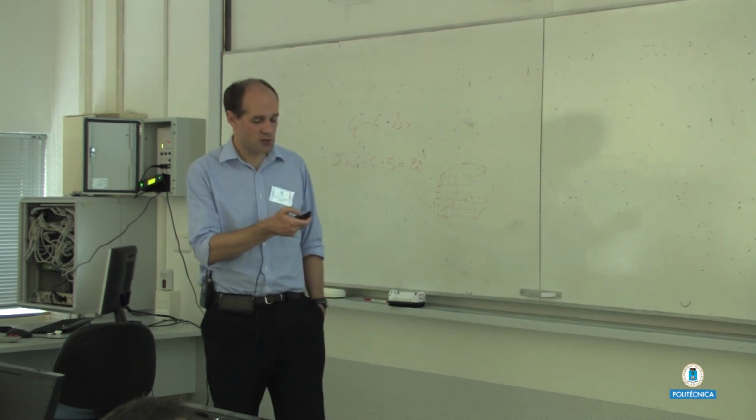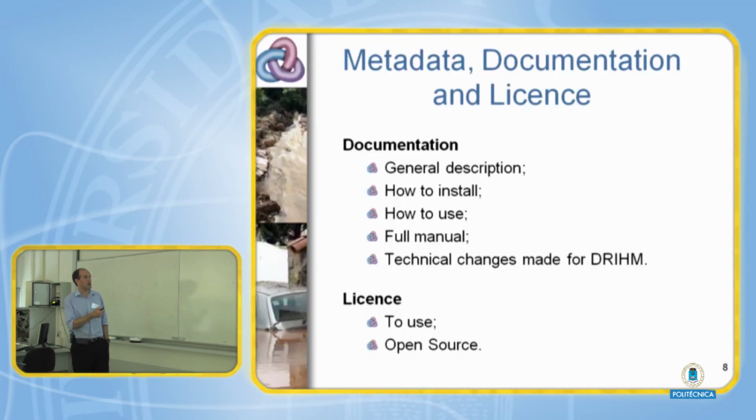So, documentation. We're going to have to ask you to write some documents about your model. General description, how to install it, how to use it, and I'm sure there'll be a full and comprehensive manual somewhere for everybody's model, so we need a link to that. And the technical changes that have been made to make it compatible with DRIHM, which we'll go into shortly.